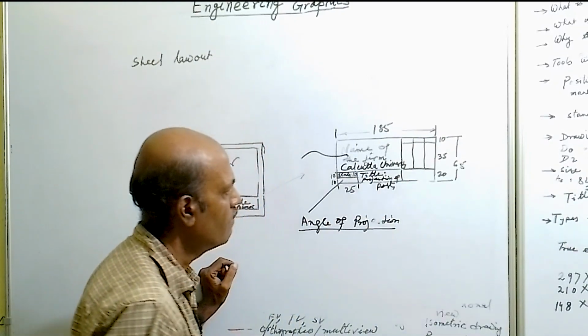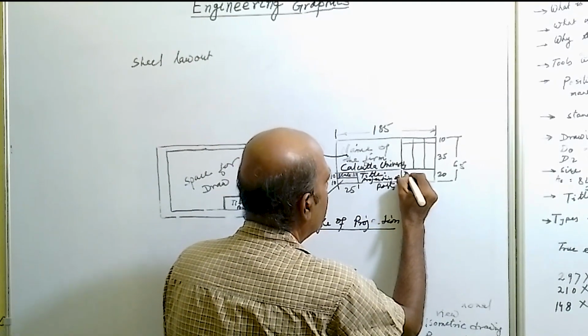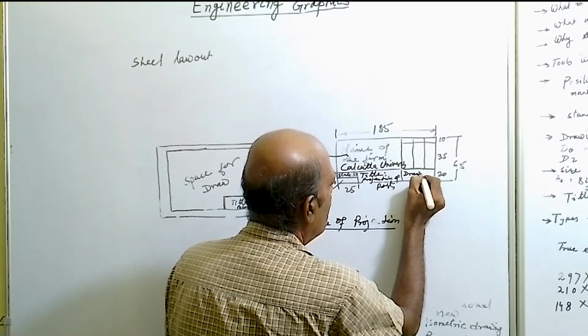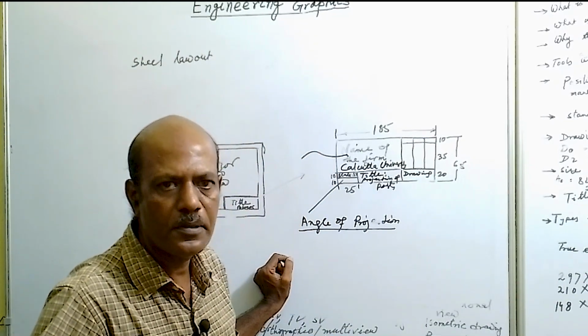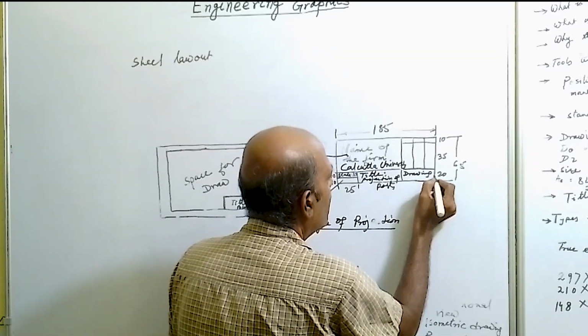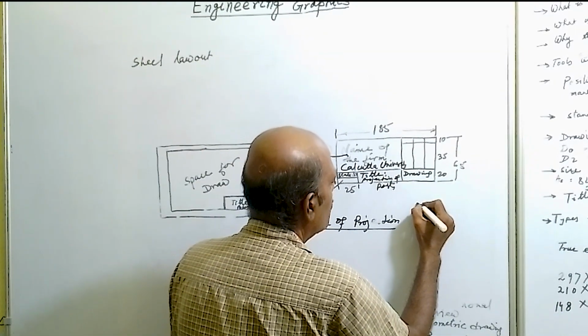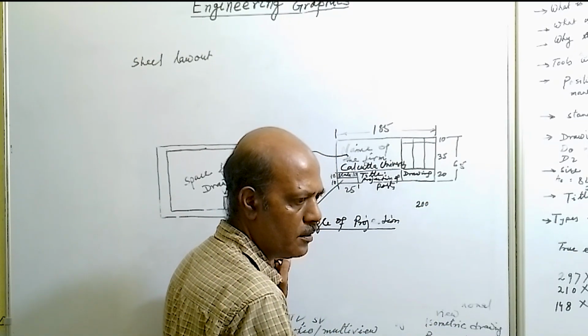Okay. And in this space we will write the drawing number. For a particular machine there may be so many drawings. Say for a particular machine there are 200 drawings, 200 numbers.